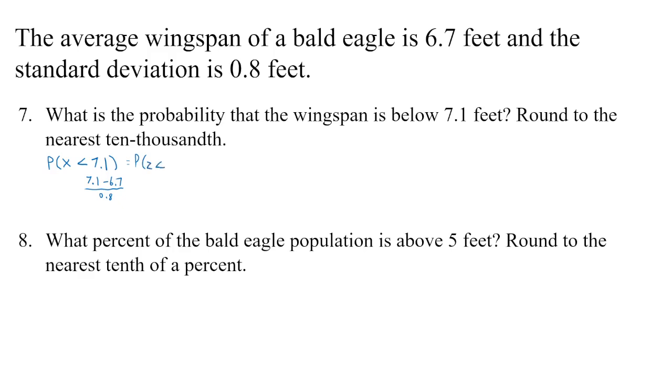So 7.1 minus 6.7 divided by 0.8. And that would be 0.50.